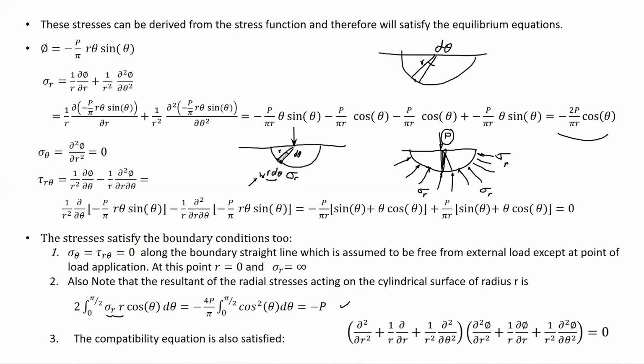But that radial force is at an angle theta. The projection of that radial force in the vertical direction would be sigma r cosine theta. That is for this element.